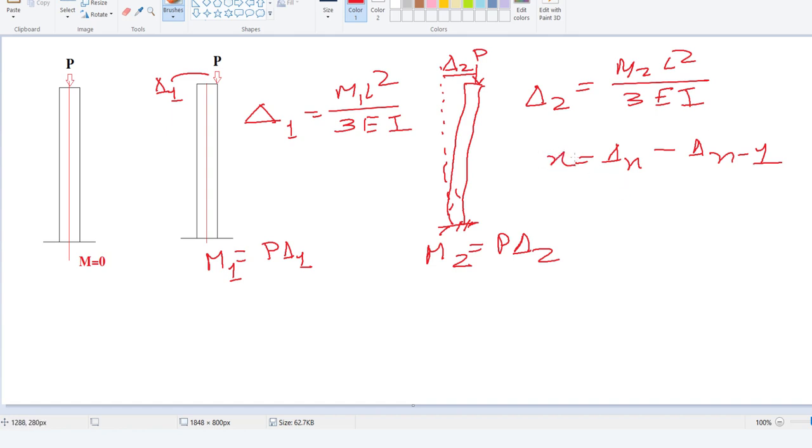At some point, this x would be close to 0. That means the difference would be diminished. Initially the difference would be quite significant in the initial set of iterations, but over time, the difference between consecutive iterations would be very minuscule, close to zero or negligible.